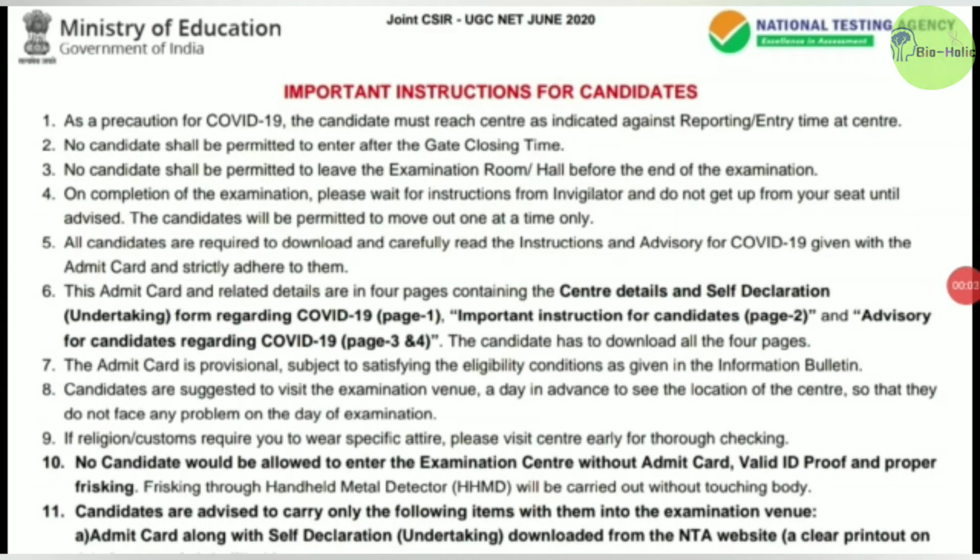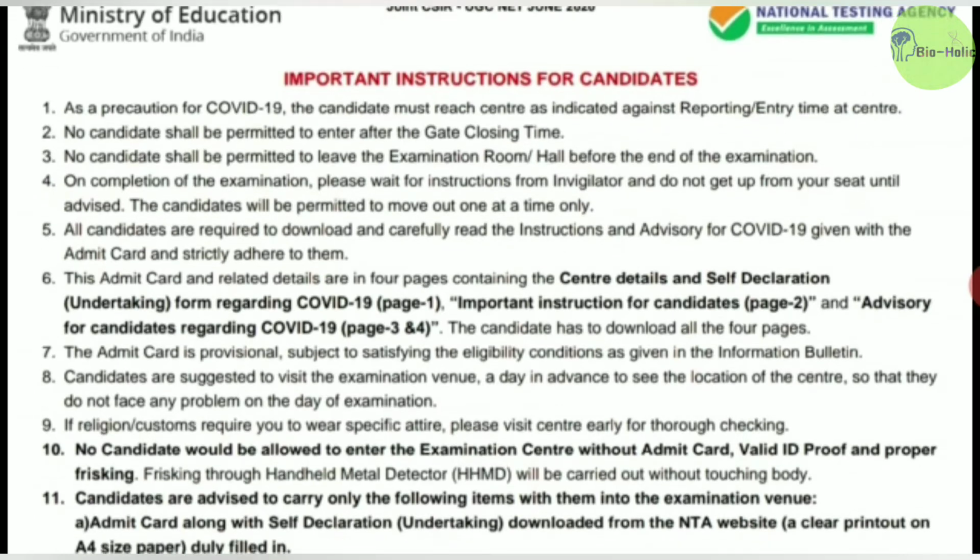Then on the next page, page 2, there are some important instructions for candidates that you have to go through very sincerely. Among them I am reading the most important points.